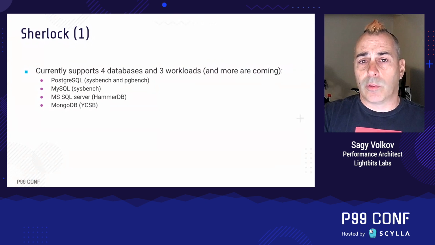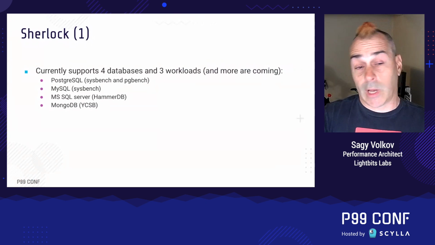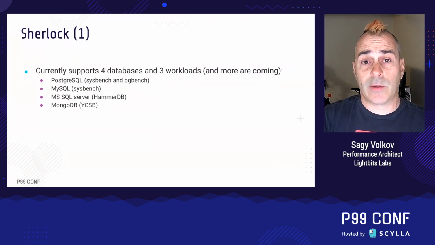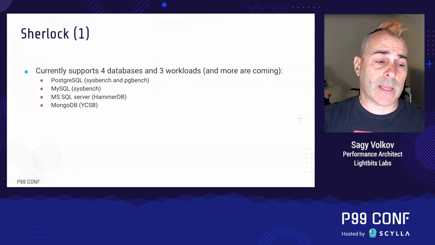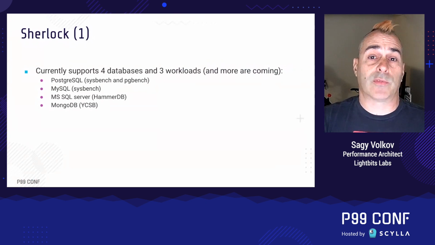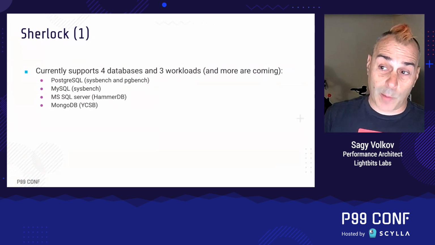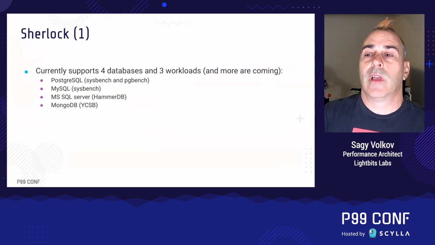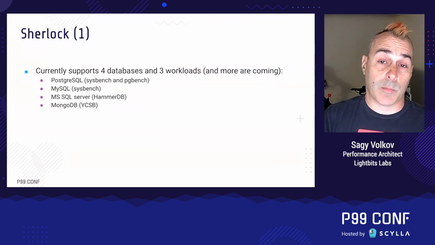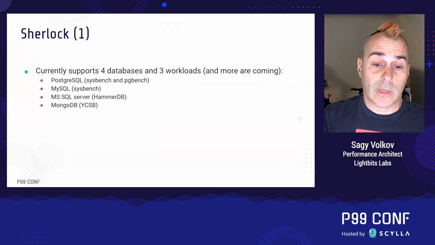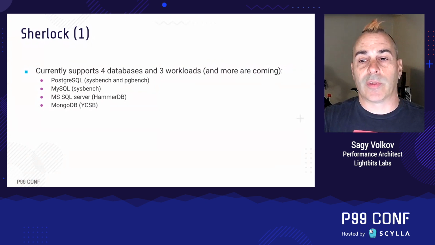Right now, you can test PostgreSQL databases using either pgbench or sysbench. You can test MySQL with sysbench. You can test Microsoft SQL Server, hammering it with HammerDB, as well as MongoDB with YCSB. These are all the options that you have.